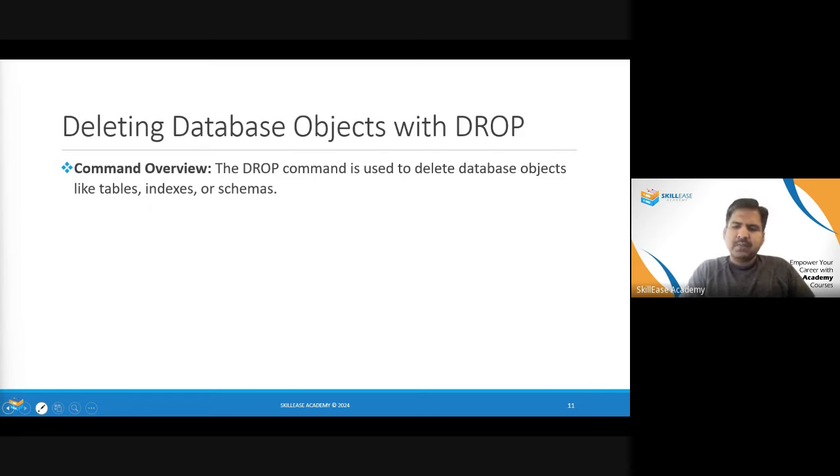So it could be a table, a view, or an entire database object. When you execute a drop statement, the specified object is completely removed from the database along with its data. This operation is irreversible. It means that once you drop the object, it cannot be recovered unless you took a backup.